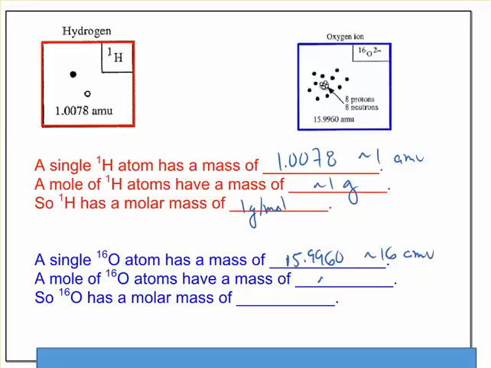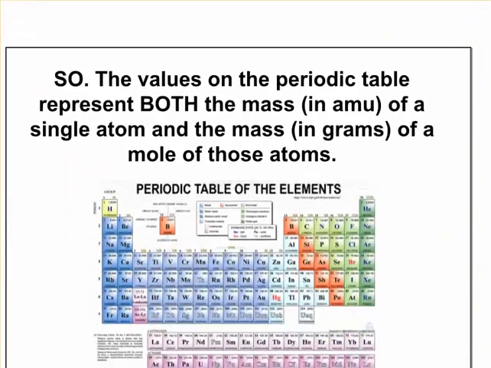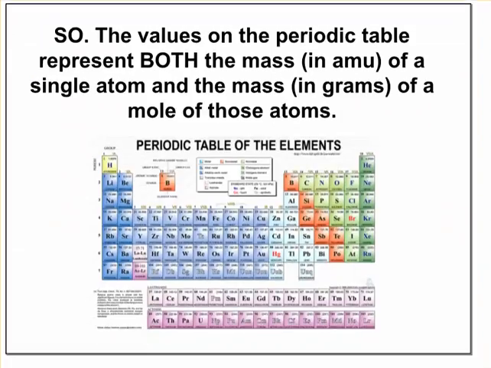So a mole of oxygen has a mass of about 16 grams, or oxygen has a molar mass of 16 grams per mole. So the values on the periodic table represent both the mass in AMUs of a single atom and the mass in grams of a mole of these atoms. That's important to remember.